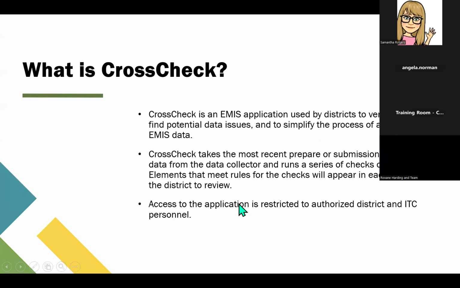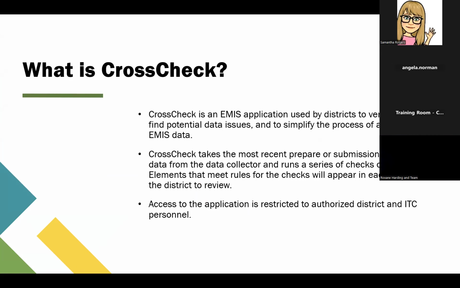So just a little bit about this. I'm going to take it all the way back elementary style here. EMIS is where you report all of your data and information to the state of Ohio. And USPS is what the fiscal departments mainly use to put in information for staff.